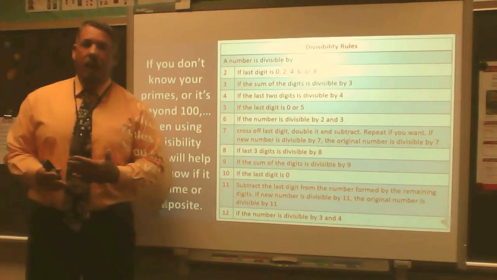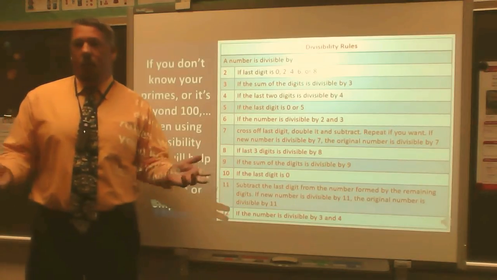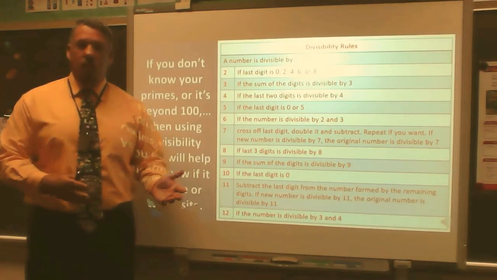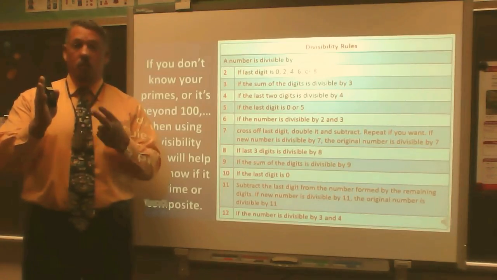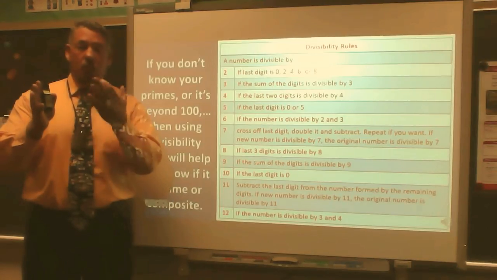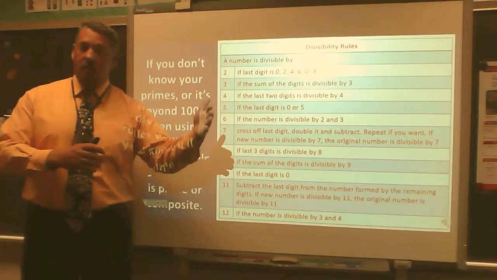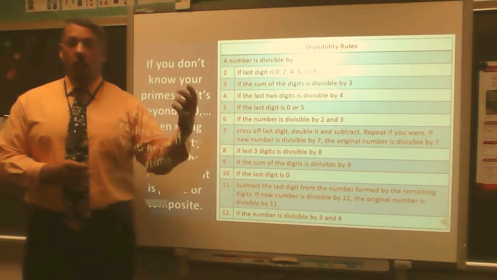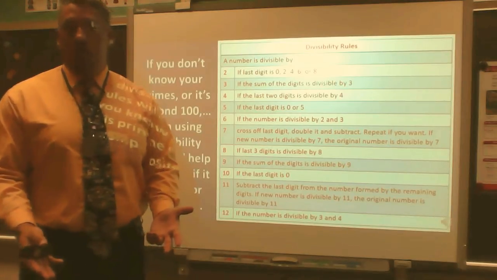So let's say I had the number 123, and I really don't know if 3 will go into it evenly. I add 1 plus 2 plus 3. 1 plus 2 is 3, plus 3 is 6. That's the sum. 3 will go into 6 evenly, so I know 3 is a factor of 123.